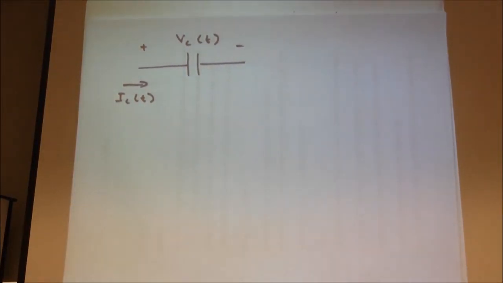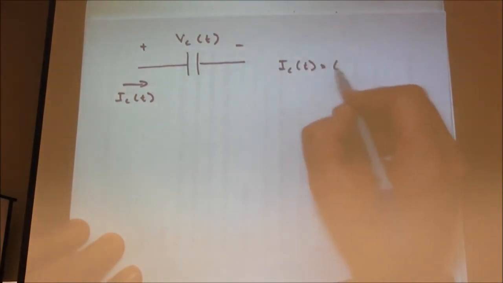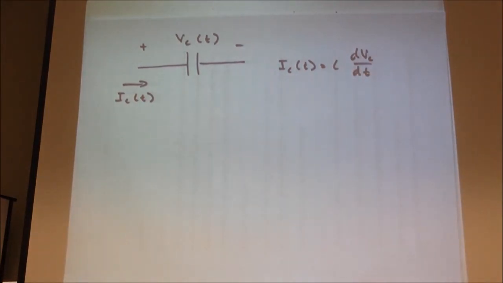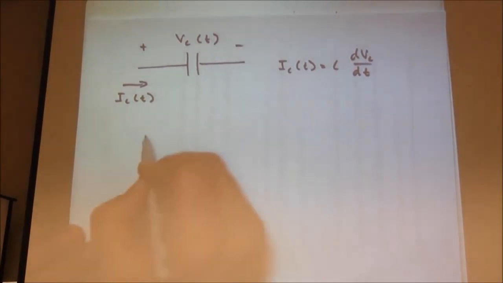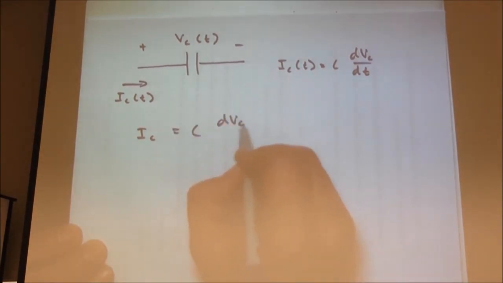And that's the voltage across the capacitor and the current through the capacitor. And we're not at steady state, so nothing's zero. And so we know IC of t equals C dVC by dt. Something we've seen a lot, we're familiar with. Well, I should have written this down here. IC equals C dVC by dt.